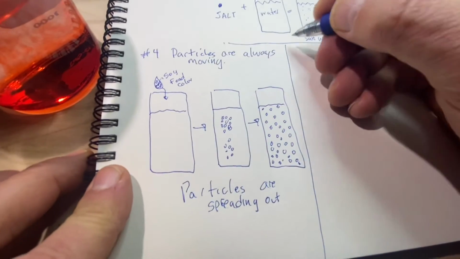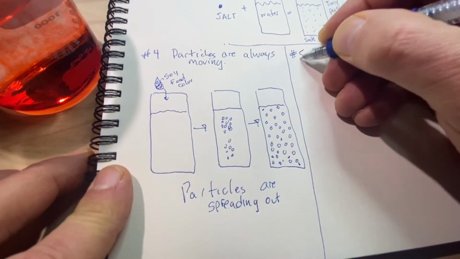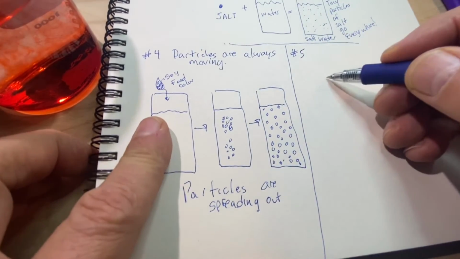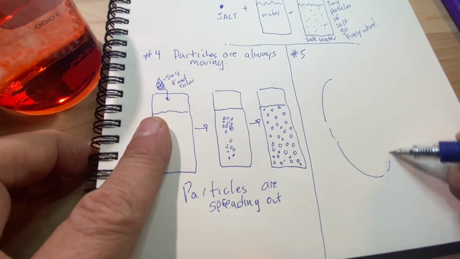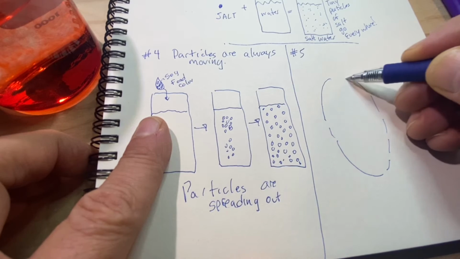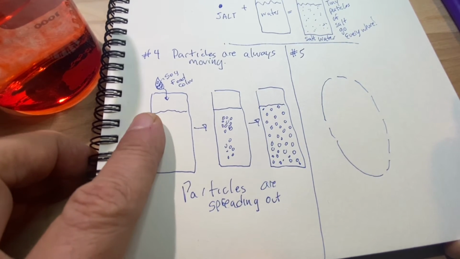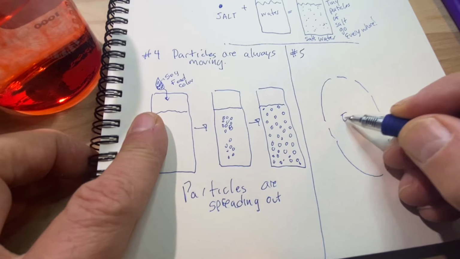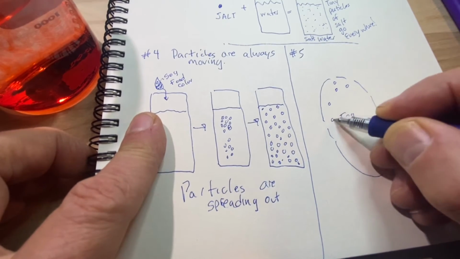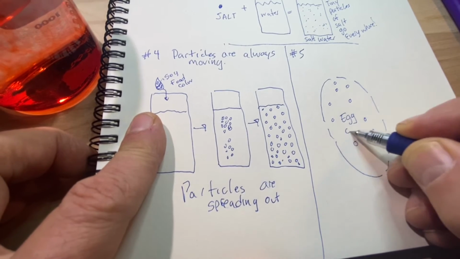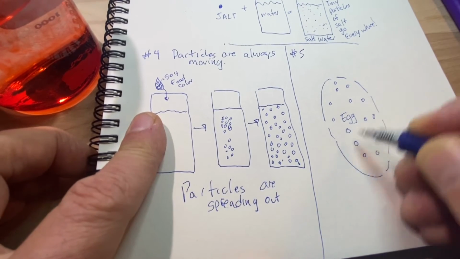And last but not least, number 5, this goes back to our story of the egg. And the idea is we have an egg and it's got holes in the membrane. You'll remember we talked about this a little last year when we did this. So we have this egg and we have water particles in this egg spread all around inside of it. It's got a lot of water in it.